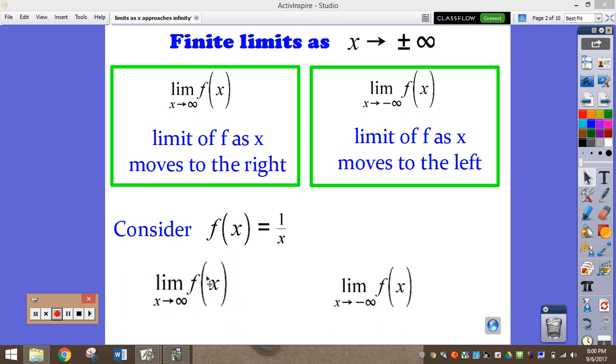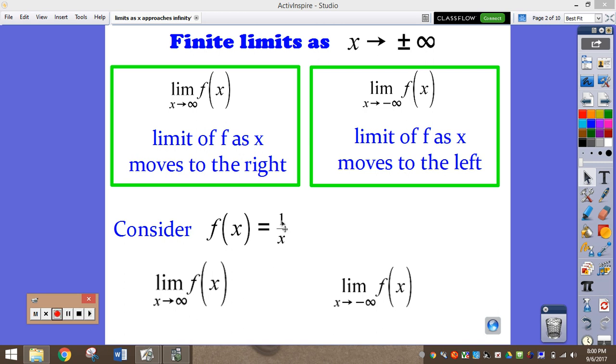So think about, if you could, infinity as an actual number. So instead of a concept, think of it as an actual value. Infinity is a really, really, really big number if you try to think of it as a number.